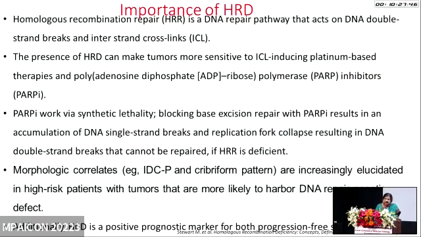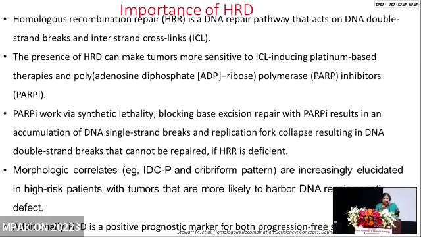Coming to HRD, my job is a little easier because tomorrow there is a separate talk on this particular topic, and that's the reason I'm not going to delve much on it. So HRR, that is homologous recombination repair, is a DNA repair pathway that acts on DNA double strand breaks and interstrand crosslinks.